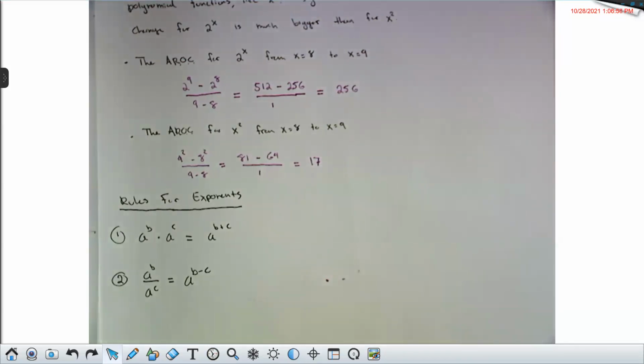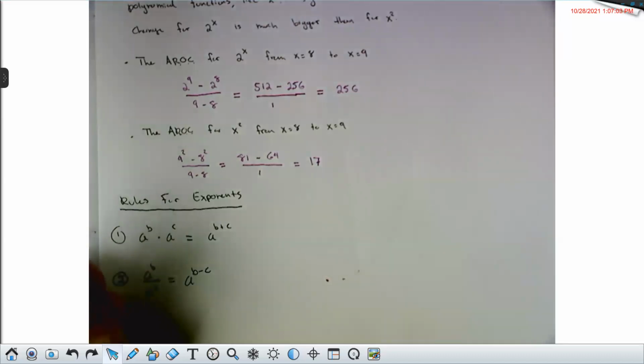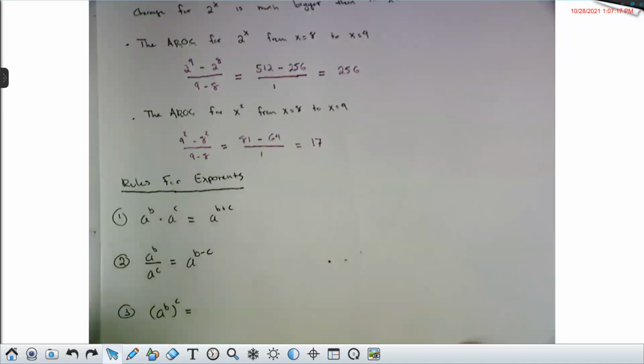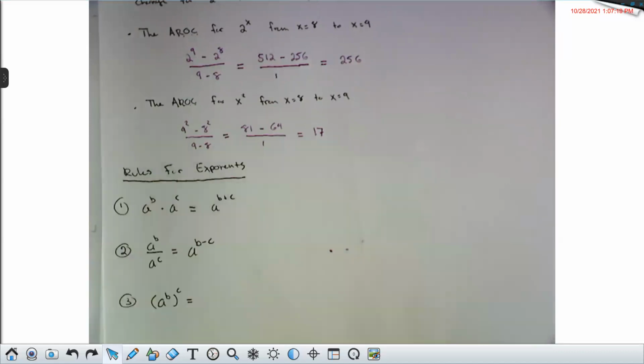The last rule that kind of fits this pattern: if you take a to the b and you raise that whole thing to the power c, this is c copies of b copies of a. So the inside here is a times a times a, b times, right?